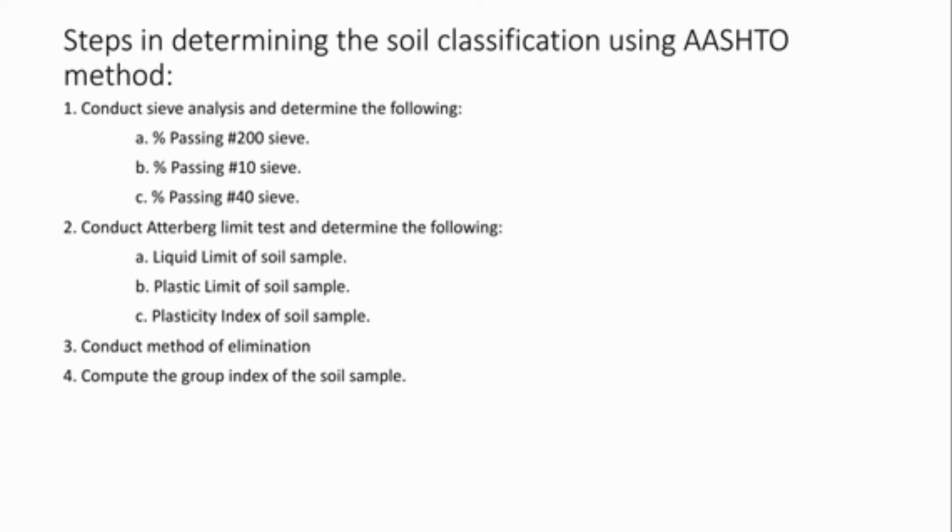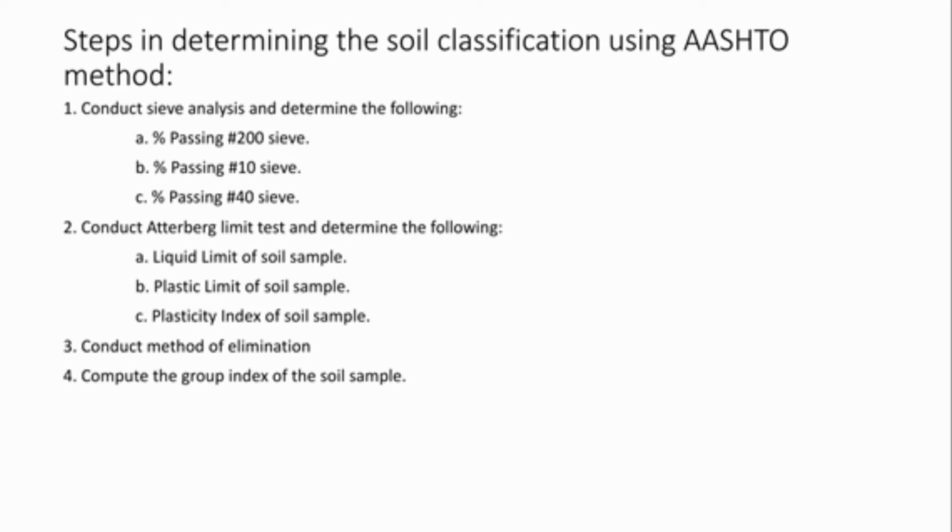And step number 3, conduct the method of elimination, using the table that I posted before. Number 4 is compute the group index of the soil sample.